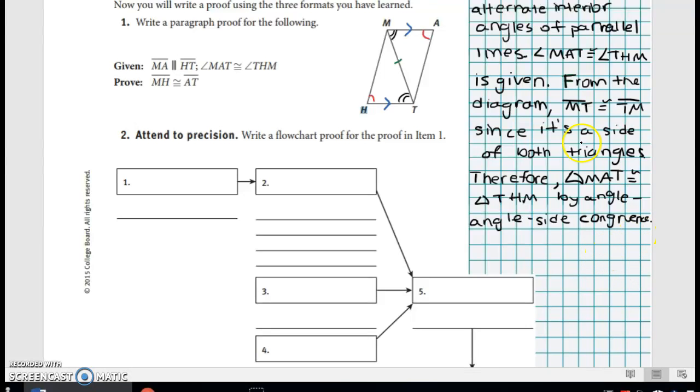And now that's not what I was aiming to prove. I'm trying to prove segment MH is congruent to segment AT. But now I do know that that's true because of corresponding parts.